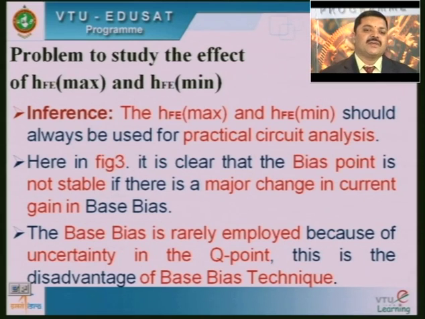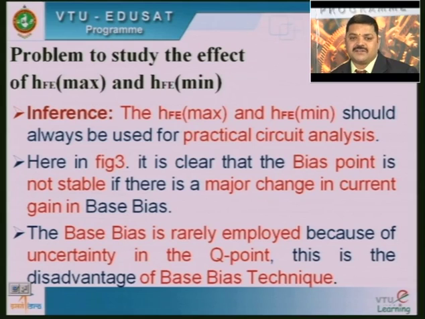We have taken 50, 100 and 200 values, and if there is a major change from 50 to 100, and 100 to 200, then the bias point is not stable. That is the inference out of this discussion.